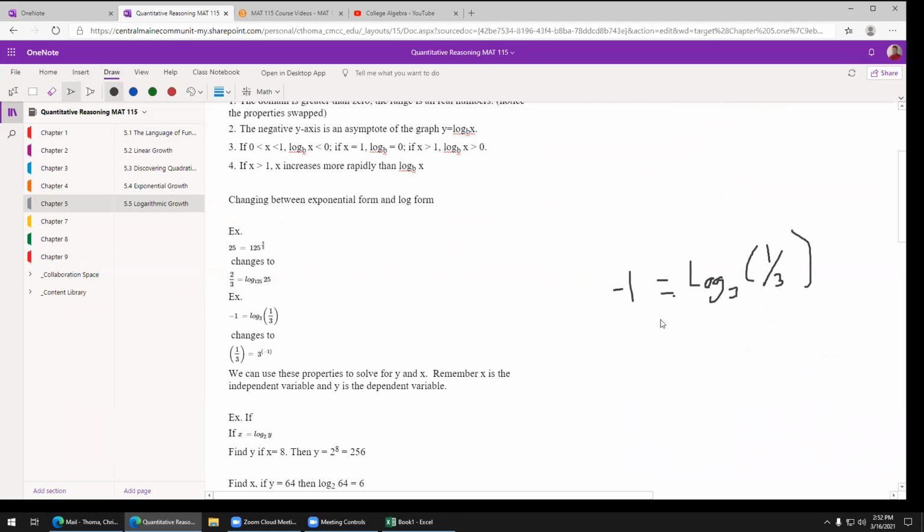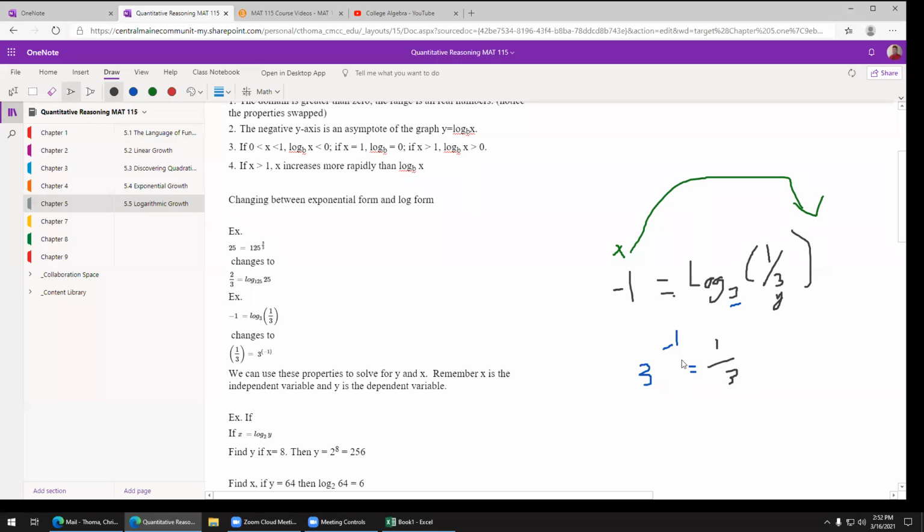But if I turn it to exponential, which means this is my x, he moves back over here. So it's 3 to the -1 equals, remember this, what's in parentheses is the y, equals 1/3.